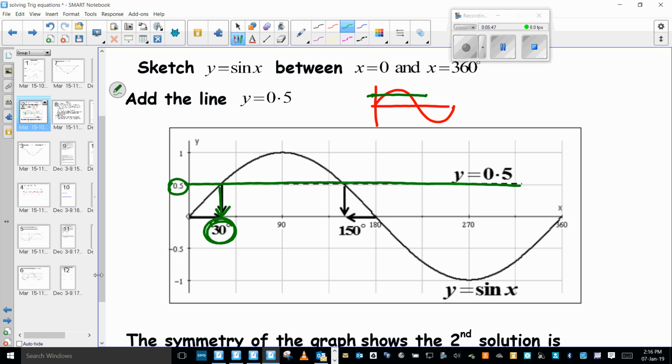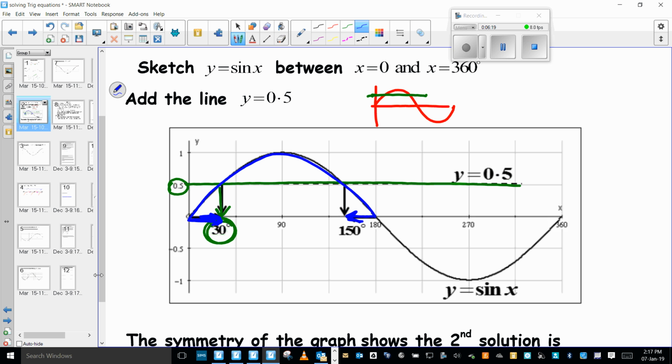What we're going to now do is think about the symmetry of the graph. We knew it went up and down, down and then up. So we can see that this portion here is symmetrical, yes? So this here represents 30 degrees. Can we all appreciate that this arrow here also represents 30 degrees?